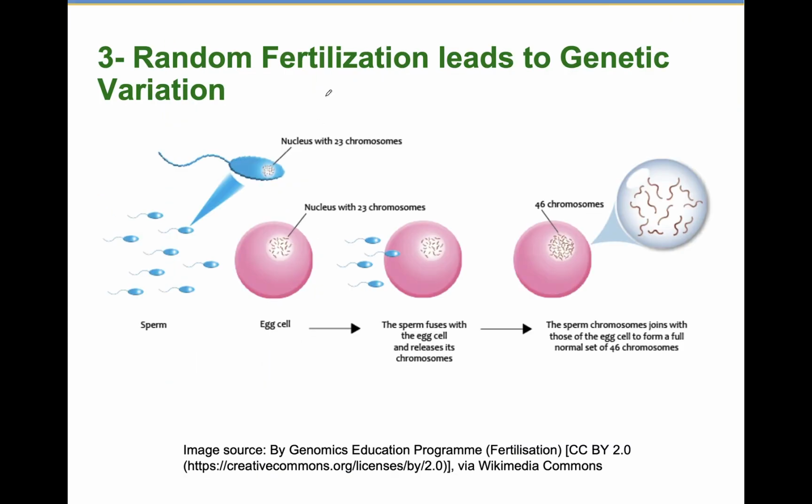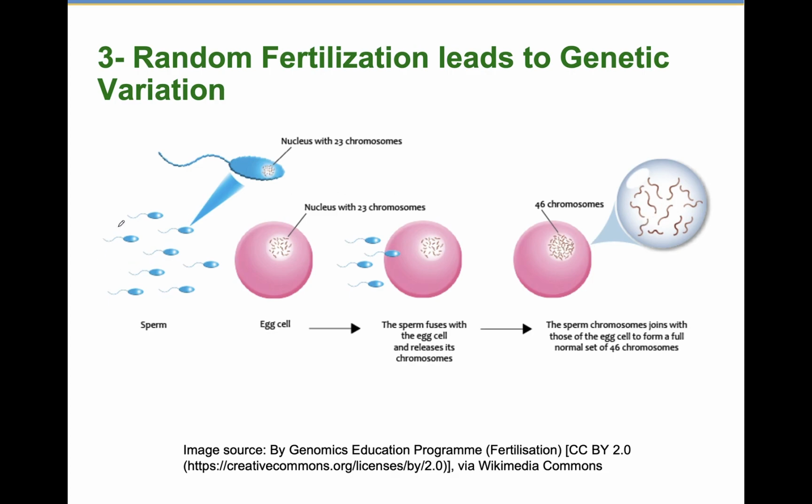Finally, the last mechanism has to do with the way fertilization happens, the way sexual reproduction happens. Sexual reproduction depends on a sperm that finds an egg, fertilizes it, and gives you a new individual.